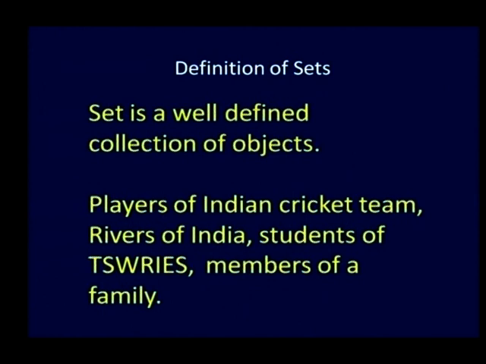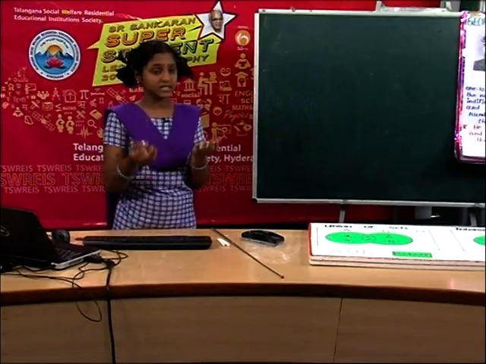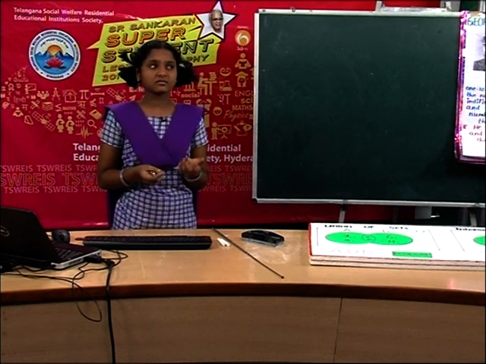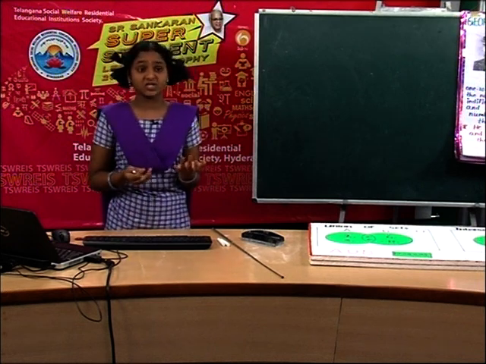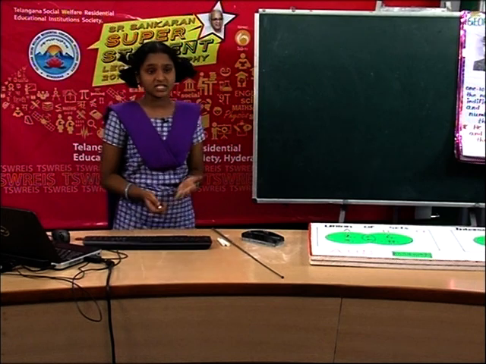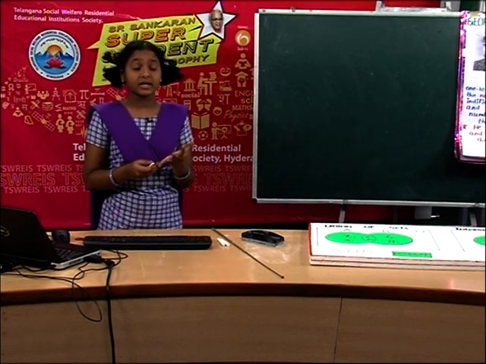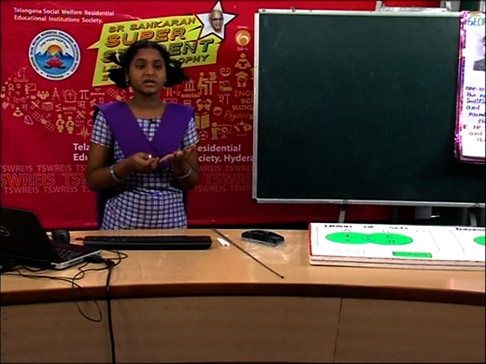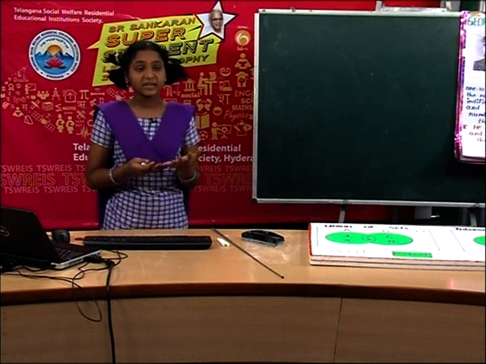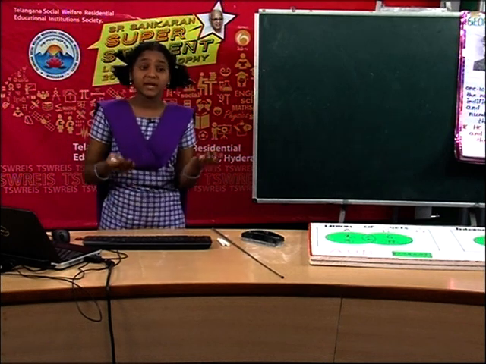If we take the Indian cricket team, we can say who the members are, like Sachin, Dhoni, Kohli, etc. We can list them, because we have mentioned that it is the Indian cricket team.